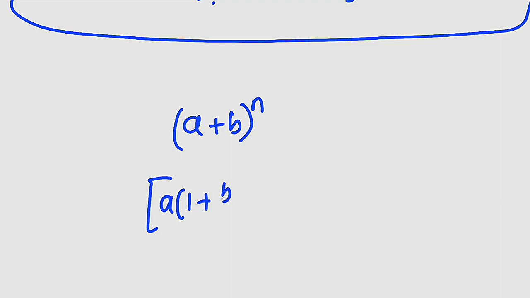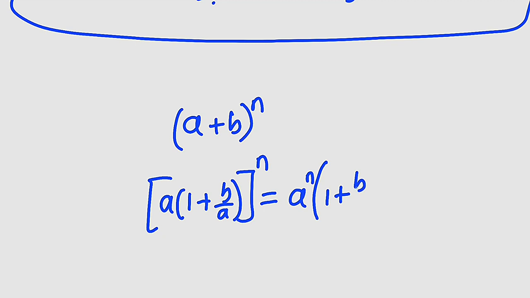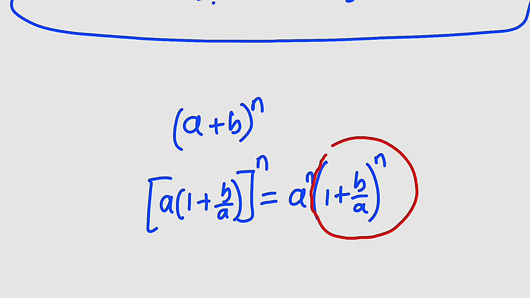Then plus b divided by a, all raised to the power of n, such that this becomes a raised to the power of n, then multiplied by (1 plus b divided by a) raised to the power of n. So this is exactly what we are going to expand. After the expansion, then we take a raised to the power of n and distribute all through. That is the logic.